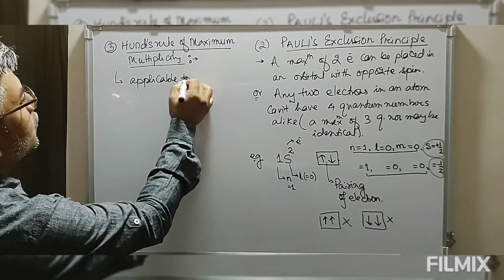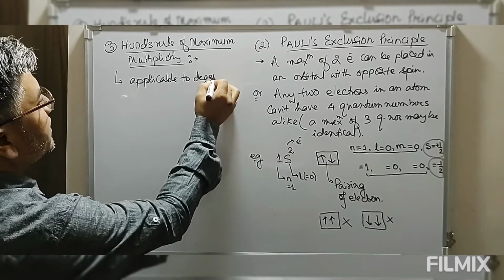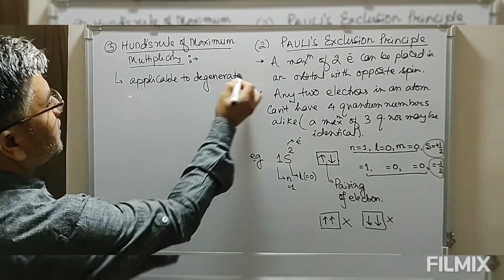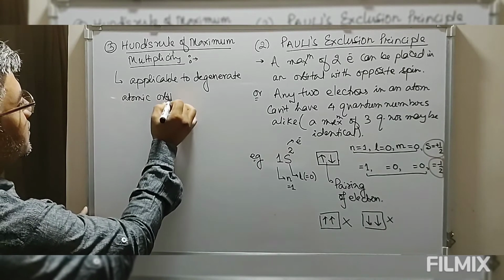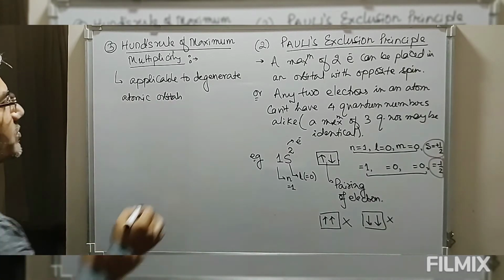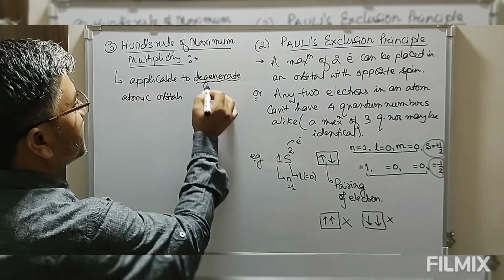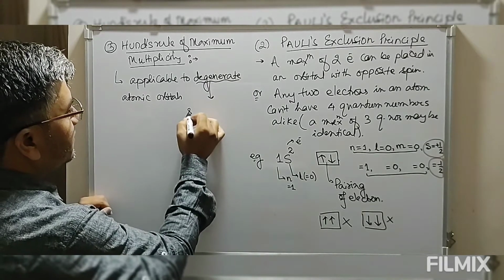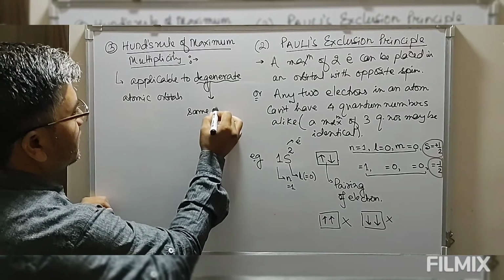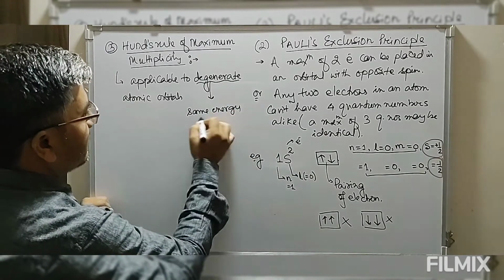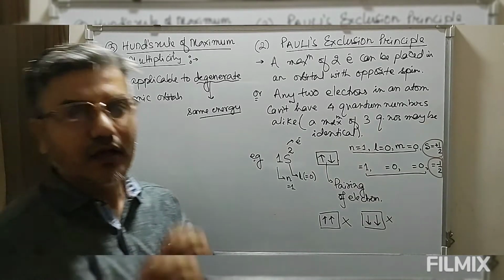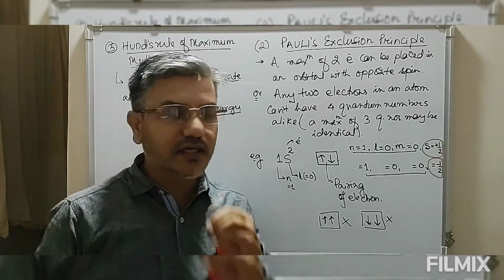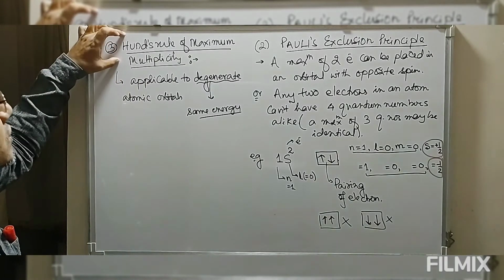The word degenerate means having the same energy. Orbitals having the same energy. If there are orbitals with the same energy, then we have to follow Hund's rule.